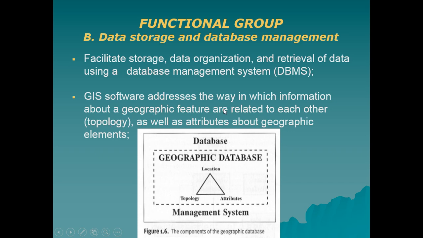So spatial relationships, the word we use in GIS to describe that is topology. A GIS software database management system will organize your data in such a way that it helps to describe spatial relationships, or topology.